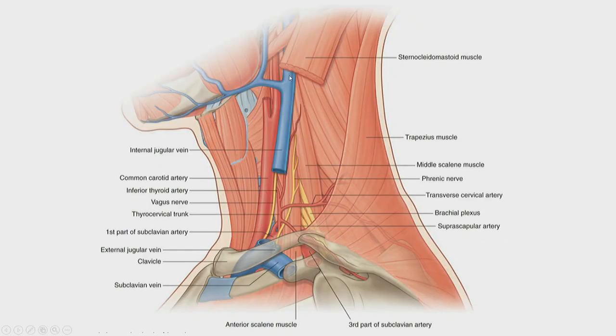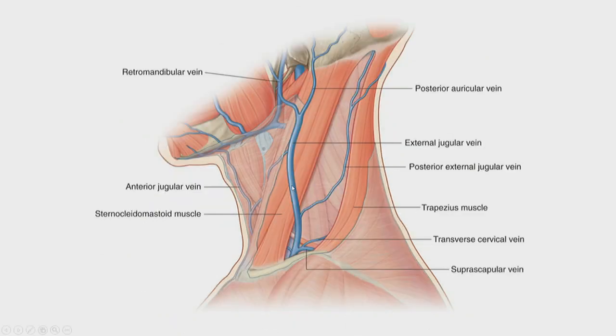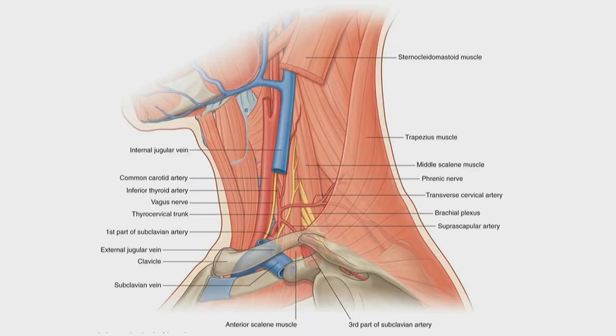Deeply it goes to the internal jugular vein. Be careful, the internal jugular vein, which you know is coming from the jugular foramen, is deep. The external jugular vein is superficial, under the skin. You can see it in the anterior and lateral aspect of the neck region.